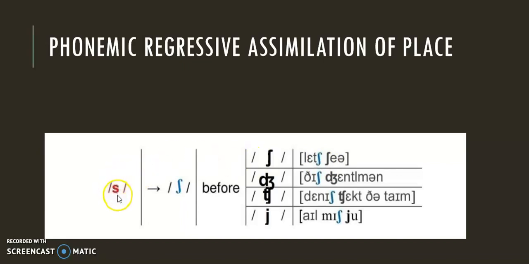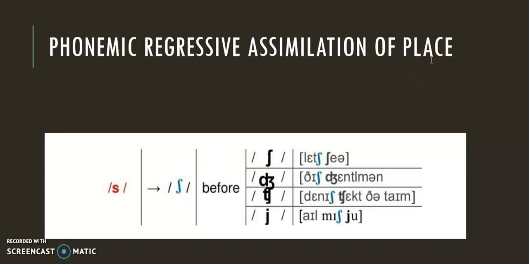What changes? S is voiceless, sh is voiceless, so there is no change of voice. The original sound and the one that replaces it share the same voice, or in this case they lack voice, right? But s is alveolar and sh is palatoalveolar, so the change is a change of place.